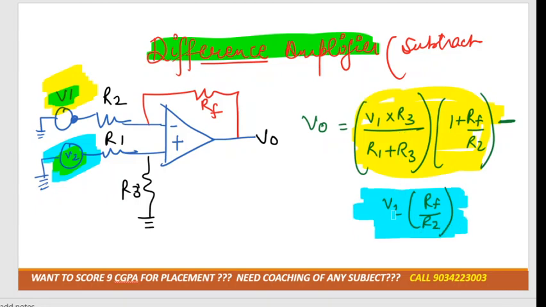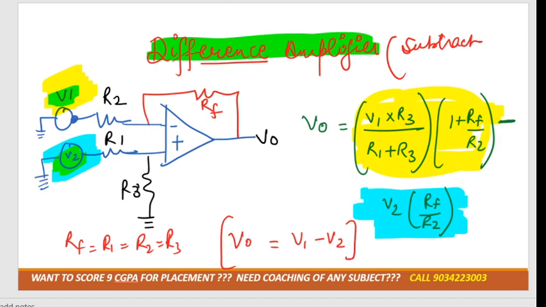So both would be subtracted from each other. So the final output voltage, if I consider RF equal to R1 equal to R2 equal to R3, then V naught would be equal to V1 minus V2. As its name suggests, it is the differential amplifier, so both the voltages are subtracted from each other.